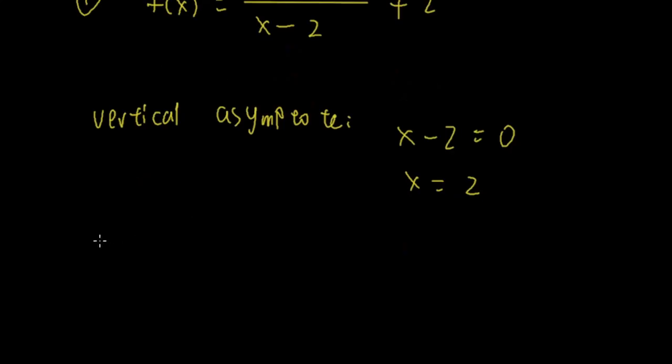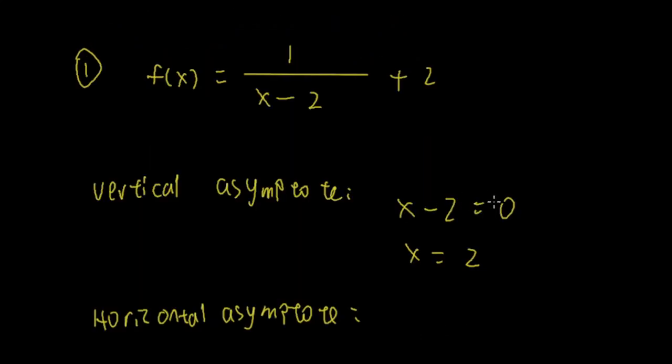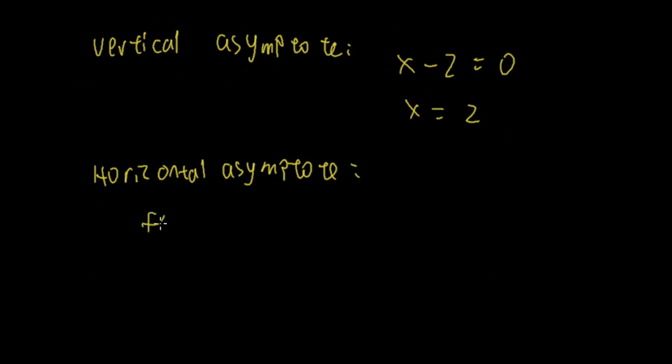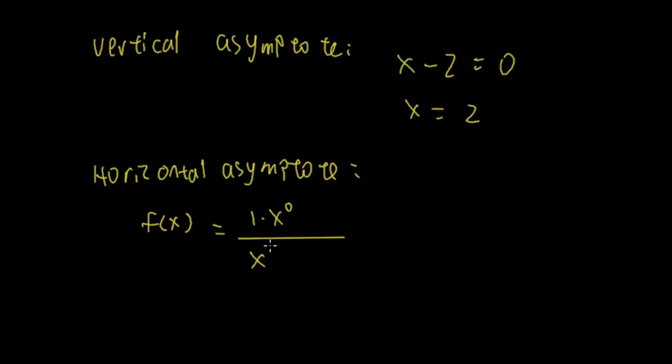Now, do we have a horizontal asymptote? Let's look at it like this. 1 can be seen as x to the power of 0. So we can look at this function like this: f of x equals 1 times x to the power of 0, divided by x minus 2, where x has a degree of power 1, plus 2.